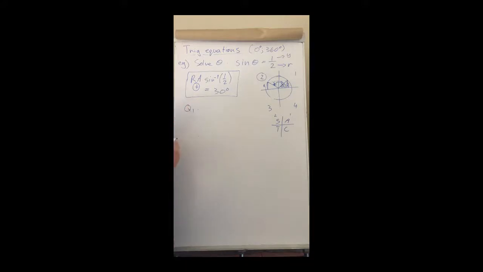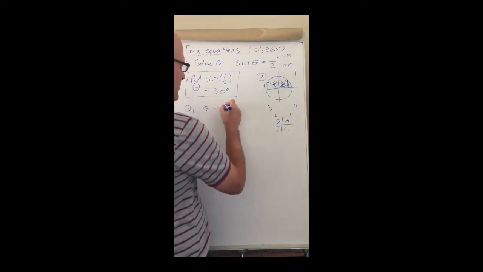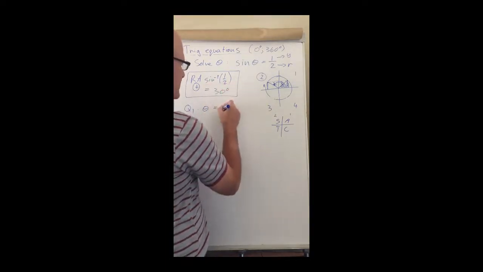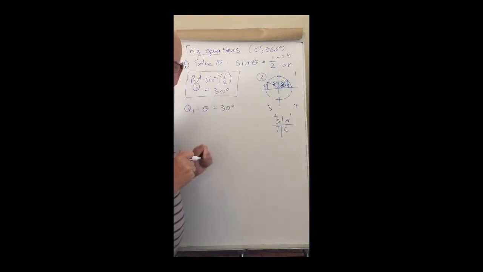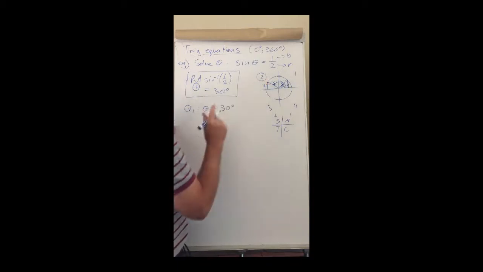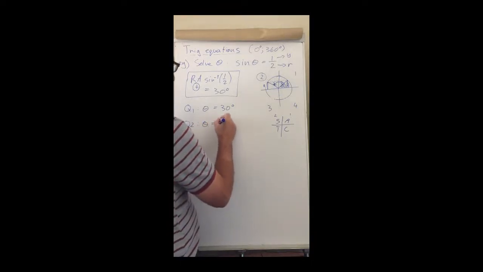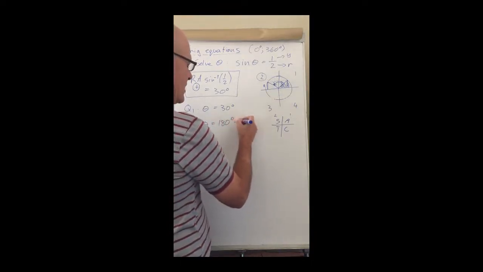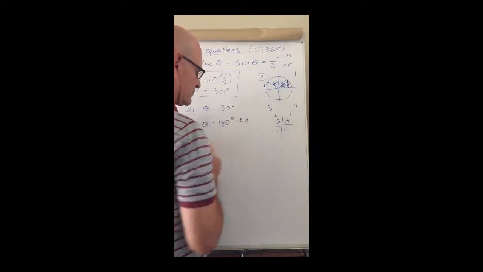we're going to work in quadrant number 1. So quadrant number 1 is very easy. Theta is actually equal to my reference angle. In this case, it will be 30 degrees. But I'm also looking for an angle in my second quadrant. And in my second quadrant, we work with 180 minus my reference angle.